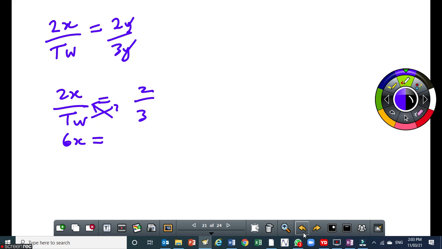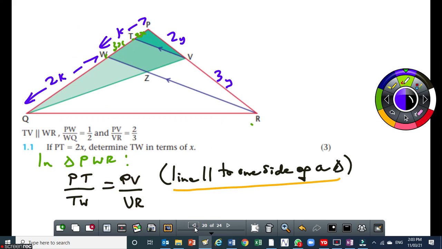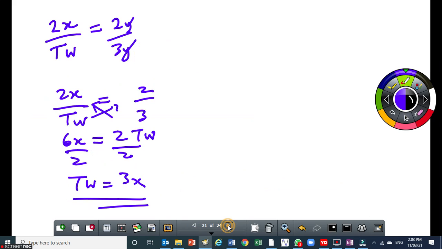That's 6x, that one will be 2TW, then divide both sides by 2. TW equal to 3x. Okay, and then you are done. So here I've got my 3x already on the diagram because I've done it mentally. When I'm showing the working out, then I have to show it until I get the 3x.